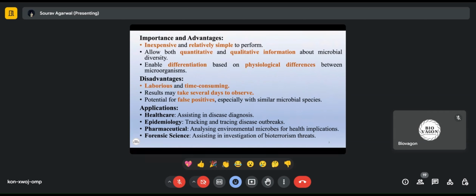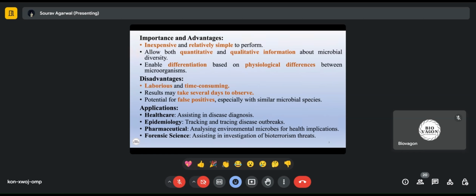It starts from media preparation to inoculation, incubation, and then sometimes certain tests need reagents to be added to get a proper result. So these are laborious and time consuming, and sometimes there are chances of false positives that can occur due to minor contamination in our test procedures.